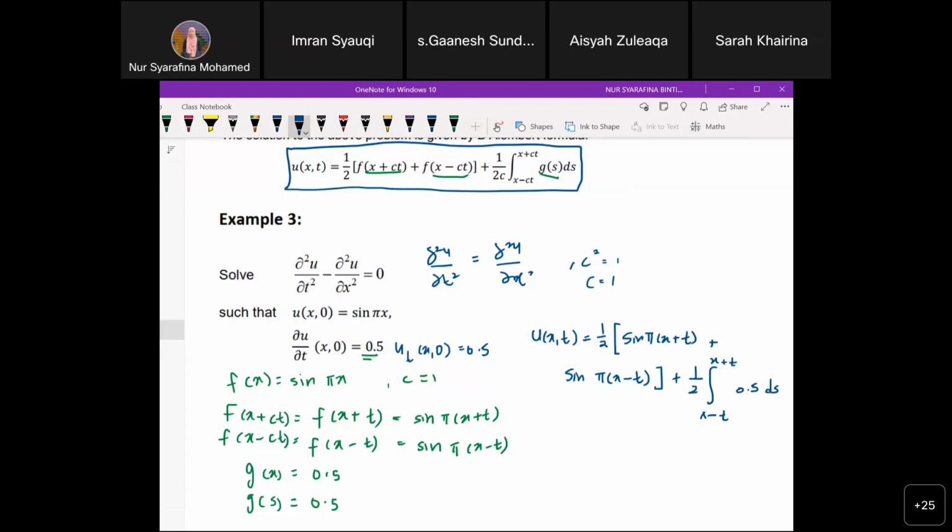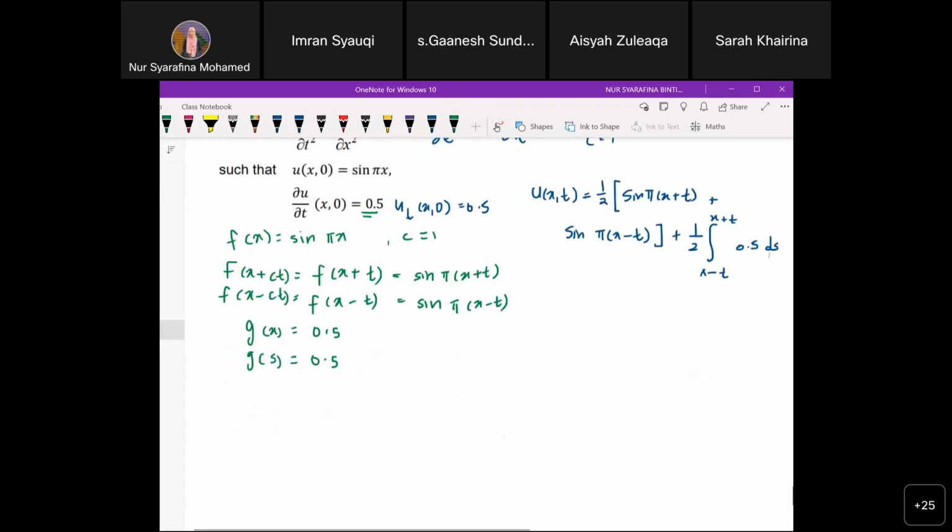So now this is just an expression, and you just need to solve this part. Integrate, and it will give you what?